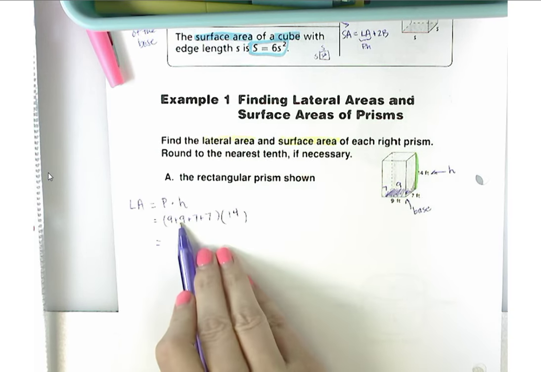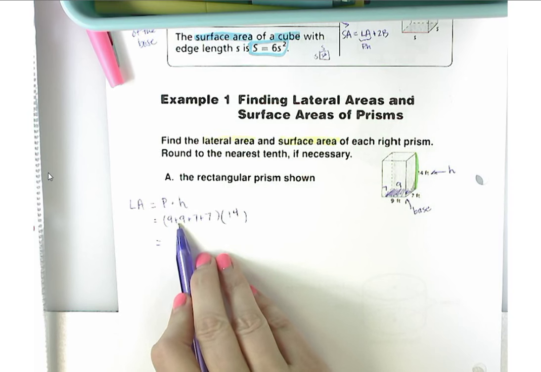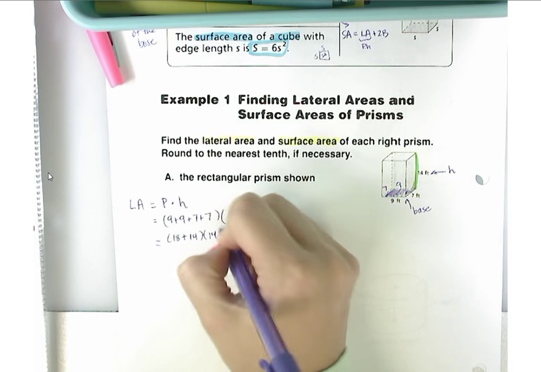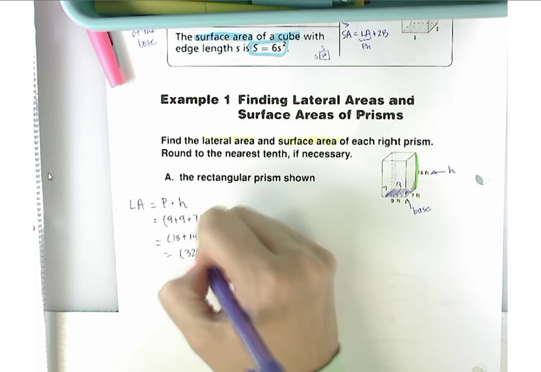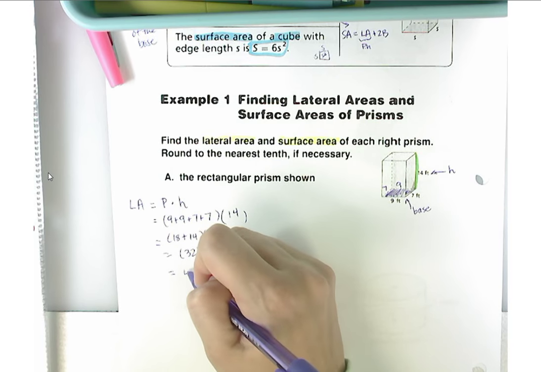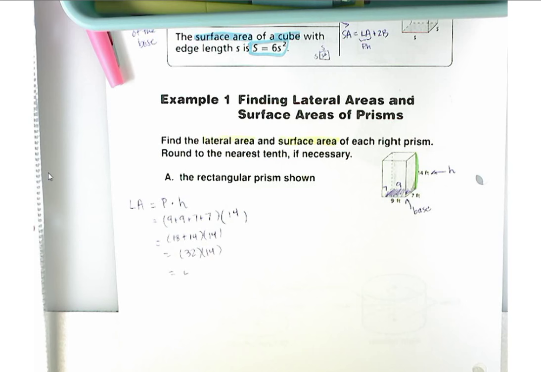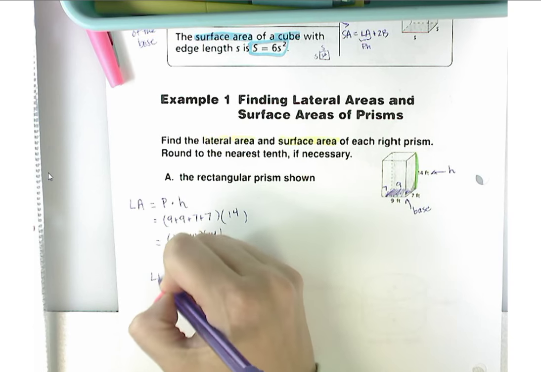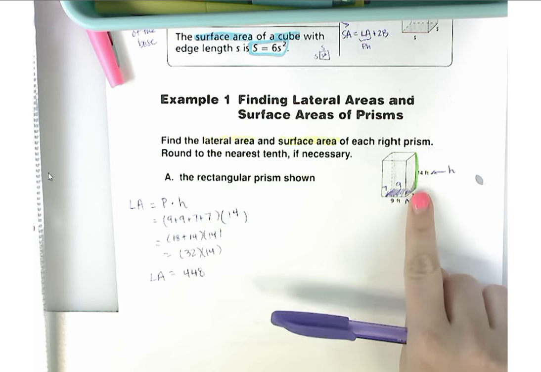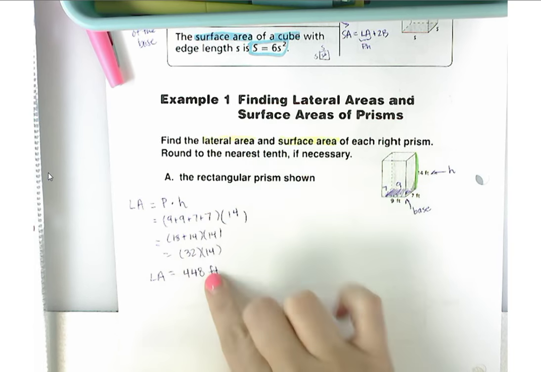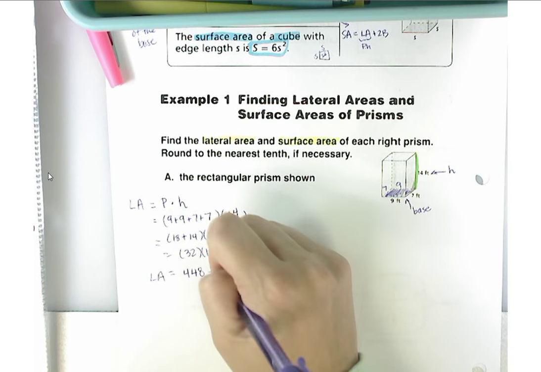So 9 plus 9 is like 9 times 2, or 18, and 18 plus 14, which is going to be 32. So when you multiply that together, what do you get? Good, 448. And then let's put our units on here. So for this one, we can see the units are feet. If it's the lateral area, do I have to add anything else to the feet? Squared. Good.